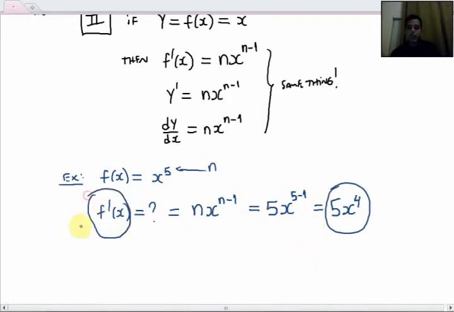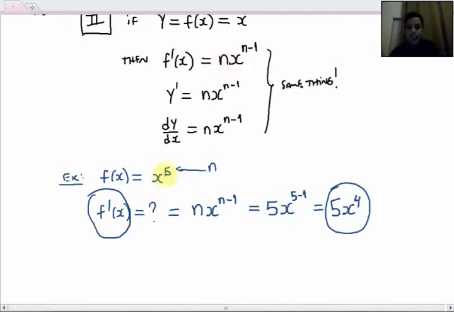So it's very easy. This is how it helps me memorize the formula. If you have x raised to a power, bring that power down, okay?